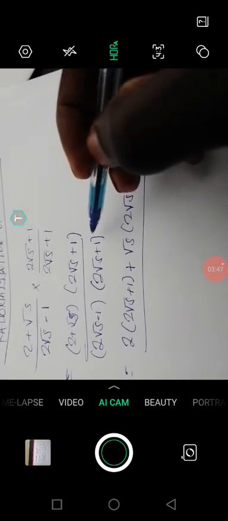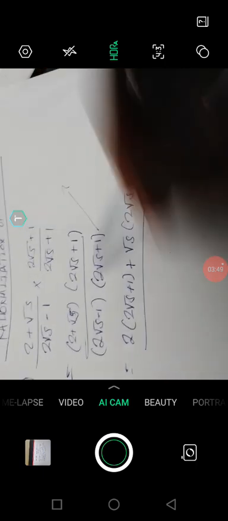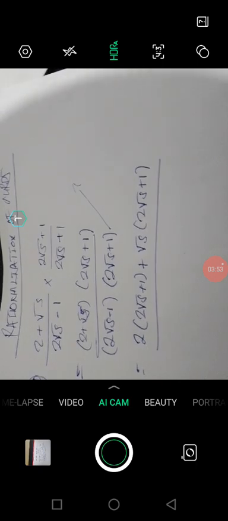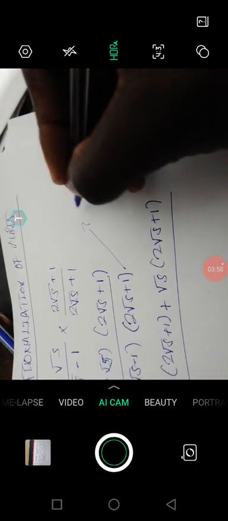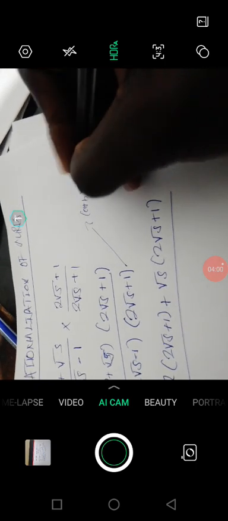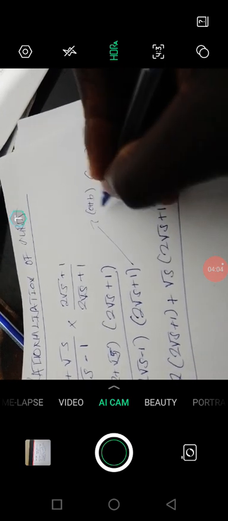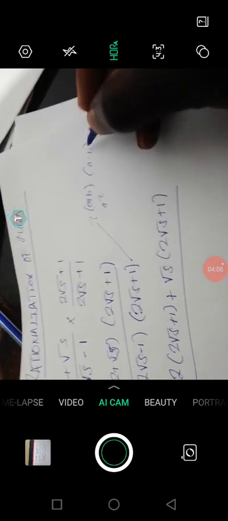Now, allow me to get this aside. Are you seeing this denominator? You want to say this denominator applies the difference of two squares. What I mean is this applies with a plus b, times a minus b. What is a times a? It is a squared. What is a times negative b?